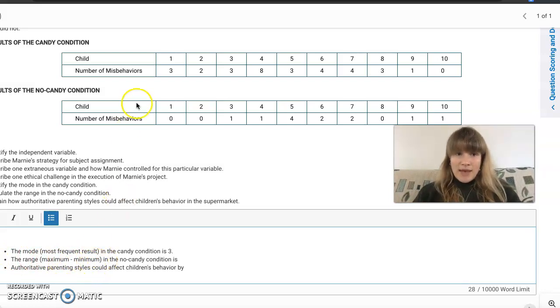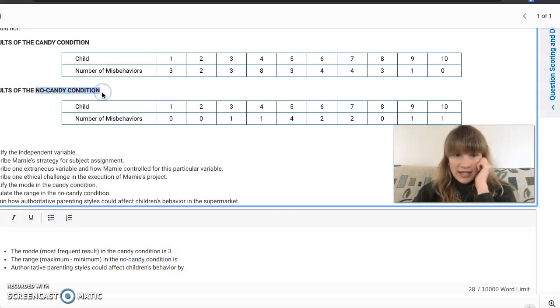Okay, so what is the maximum, and this is for the no candy condition, so I just want to make sure I'm looking at the right table. This is an easy thing to mess up on if I'm going quickly through a free response, so I'm just going to be careful. So no candy condition, the difference between the maximum and the minimum.